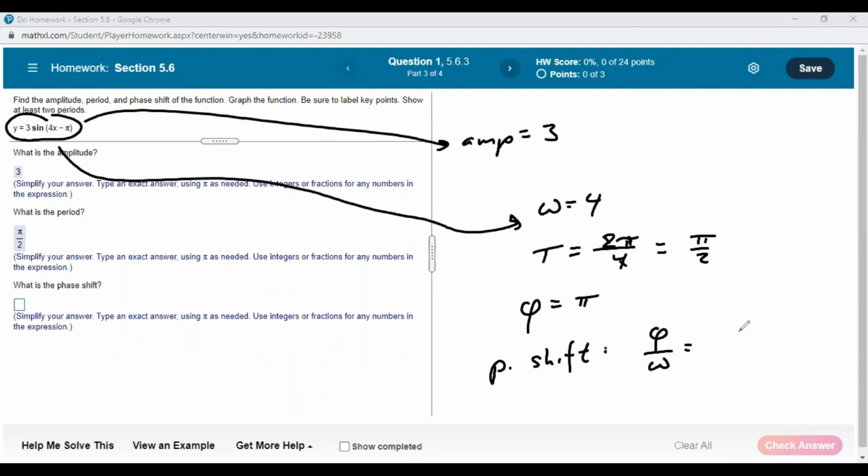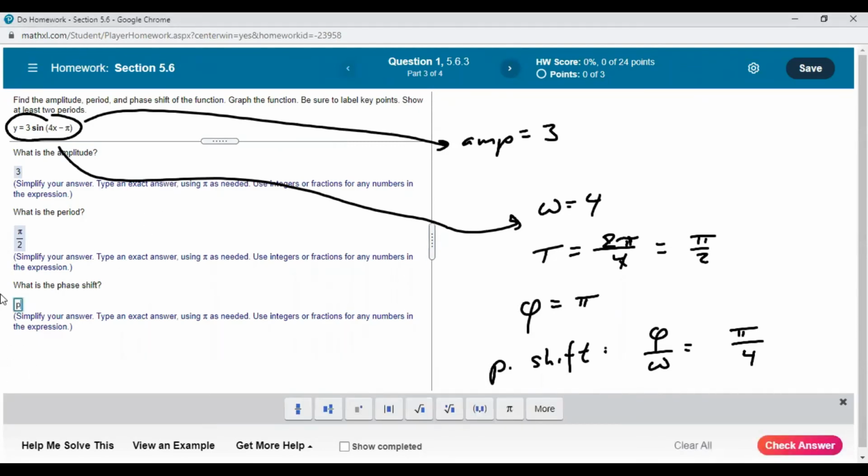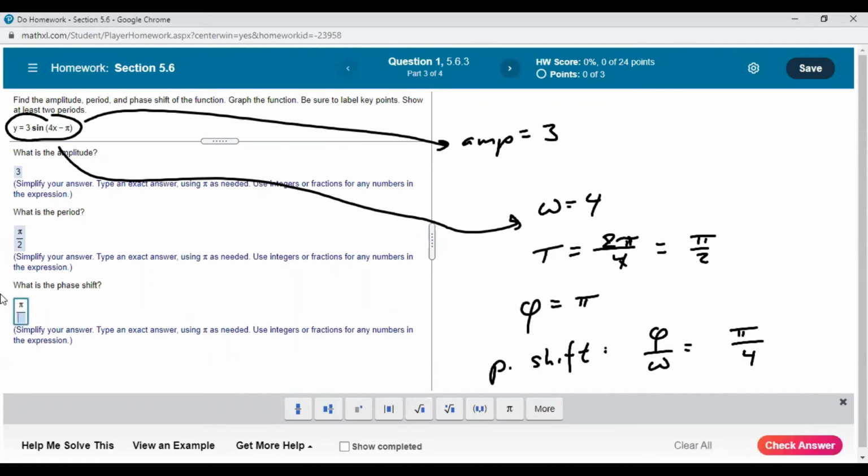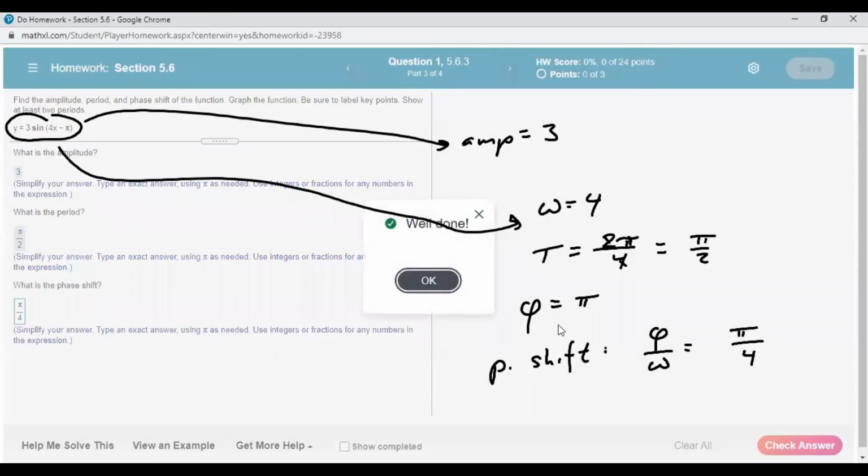So this is going to be pi over omega, so pi over 4. And if it had been plus pi up in the original formula, then this would have been negative pi over 4.